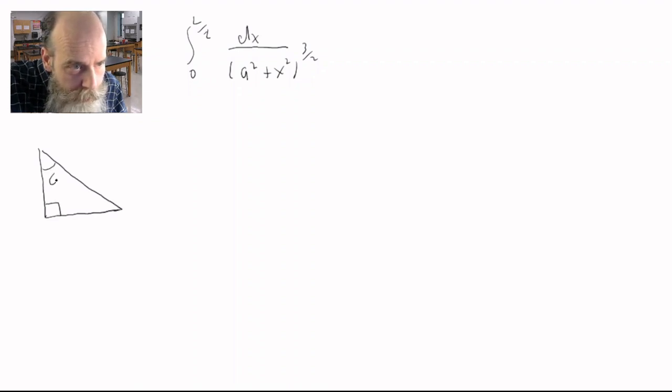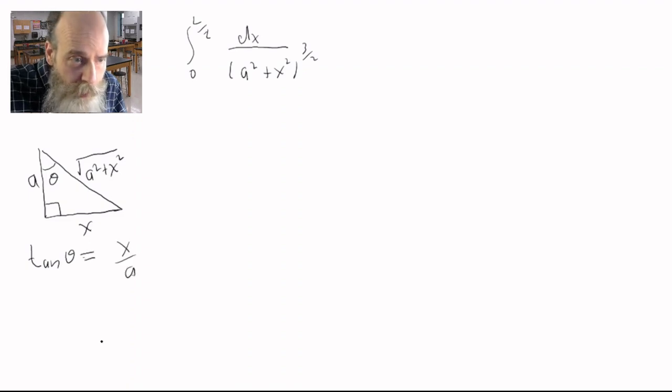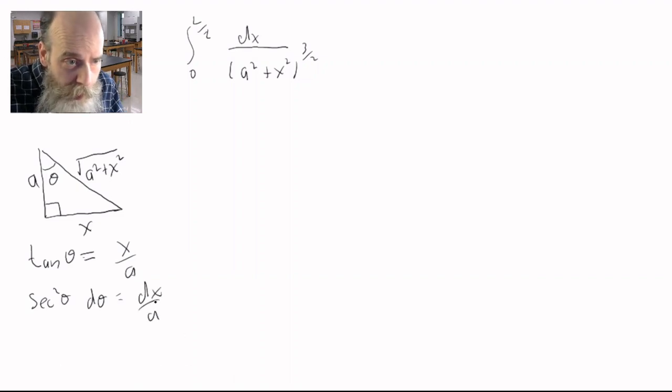This is theta, this is a, this is x, and this is square root a squared plus x squared. So from this triangle, we see that tan theta equals x over a. Let's differentiate. Sec squared theta d theta equals dx over a. So now we've got dx in terms of theta.